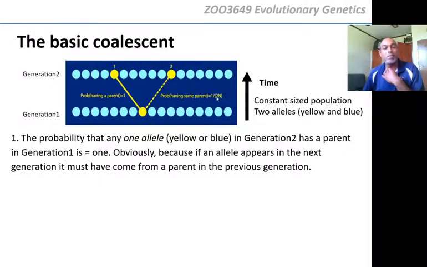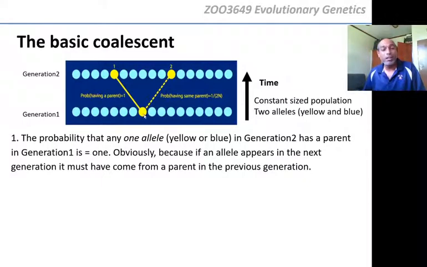What is the probability that an allele in this generation here has a parent in this generation? What is the probability going backwards? The probability obviously has to be 1, because if an allele appears in generation 2, where does it come from? It obviously came from generation 1.